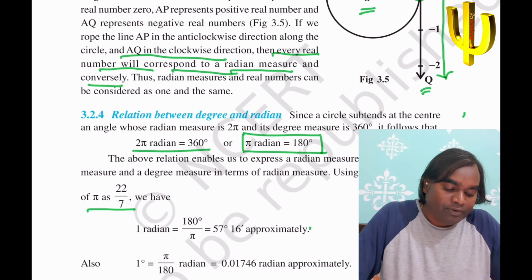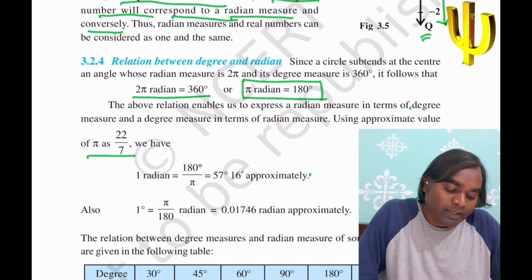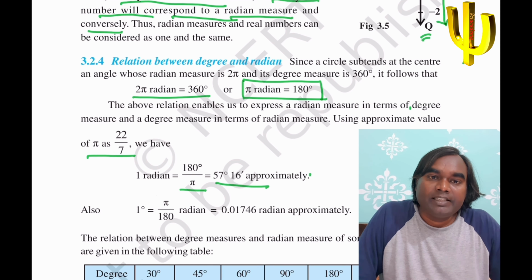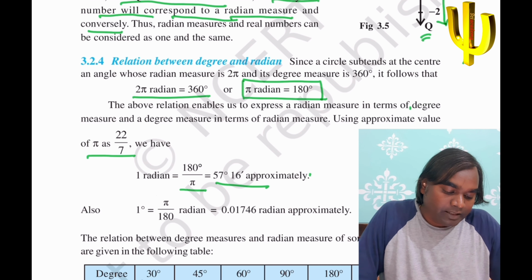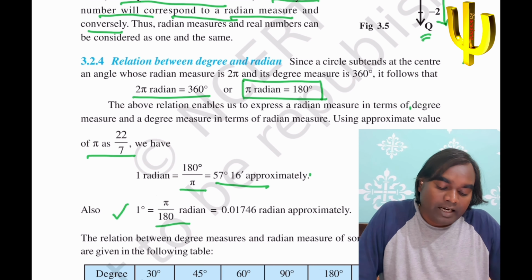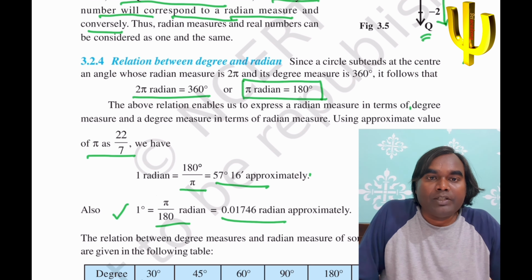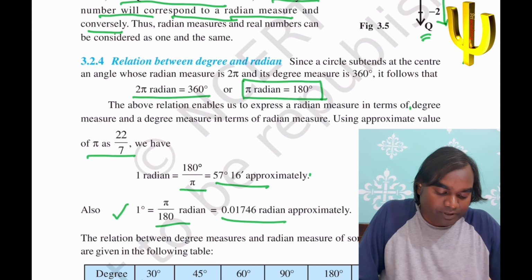In that way we can find that 1 radian is equal to 180 degree by pi, approximately 57 degree 16 minute, and 1 degree is equal to pi by 180 radian, approximately 0.01746 radian.